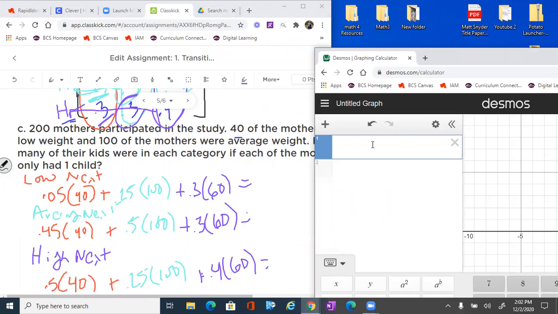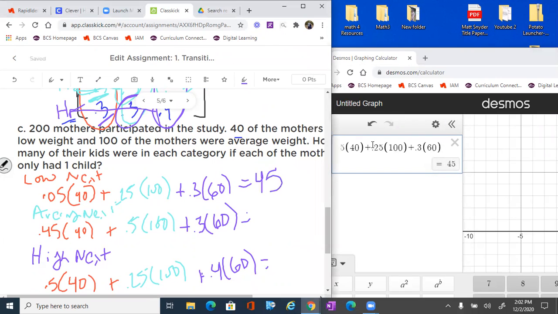So that's what I'm going to do. I'm going to say 0.05 times 40 plus 0.25. And I'm just going to do this for each one of the categories. So there is our first one. There's 45 that should be in here for low.